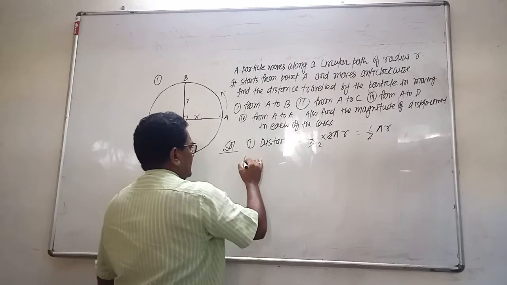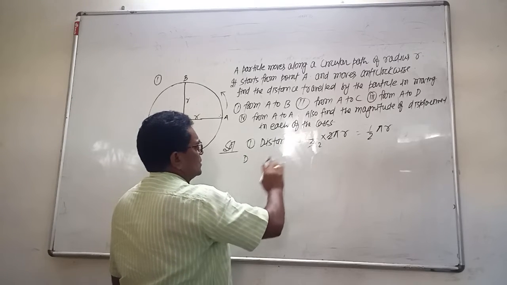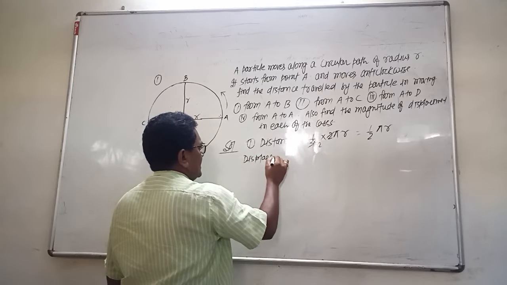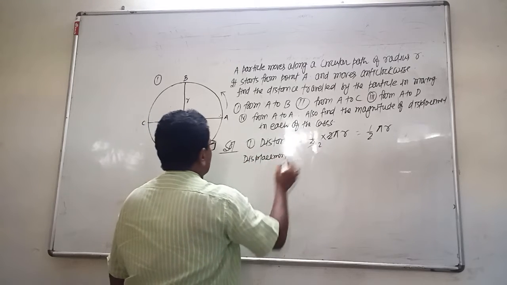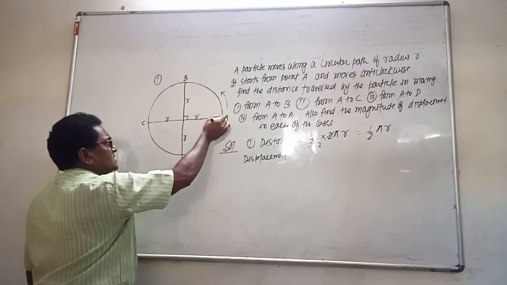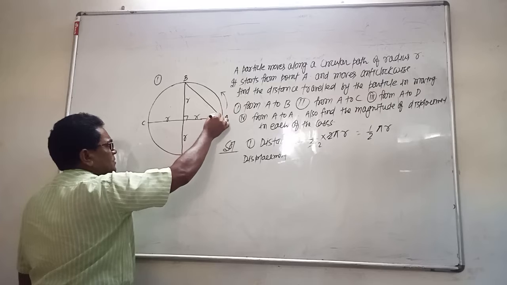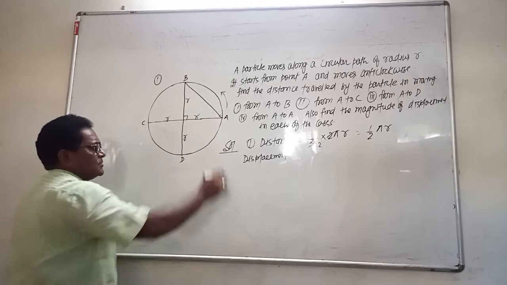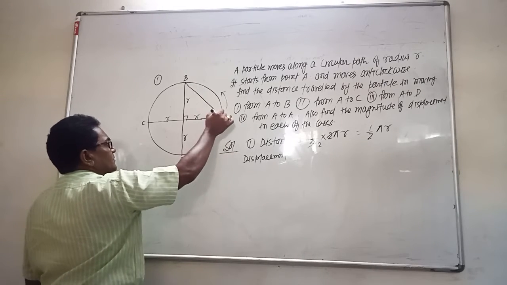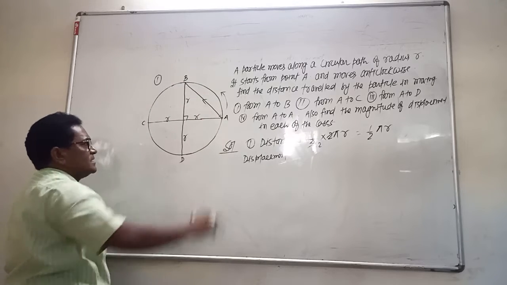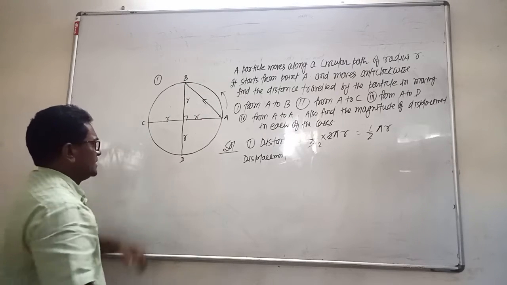Now we will find the magnitude of displacement. Displacement is the shortest distance from initial position to final position. Initial position was A, final position is B. So this AB distance is called displacement.